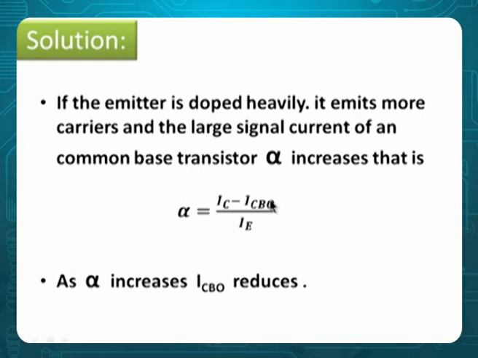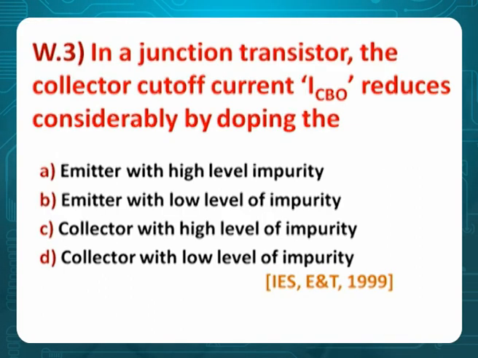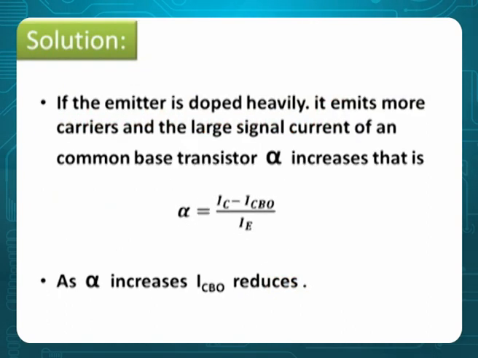When ICBO decreases, the option becomes A: emitter with high level of impurity. So that is how the option has become A.